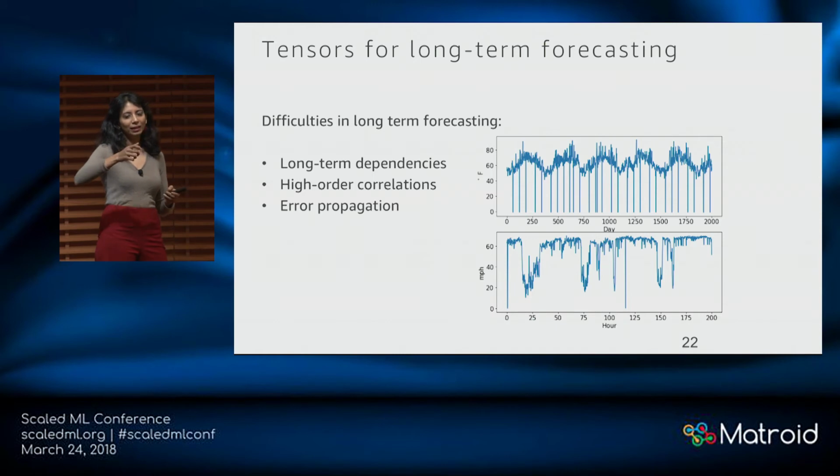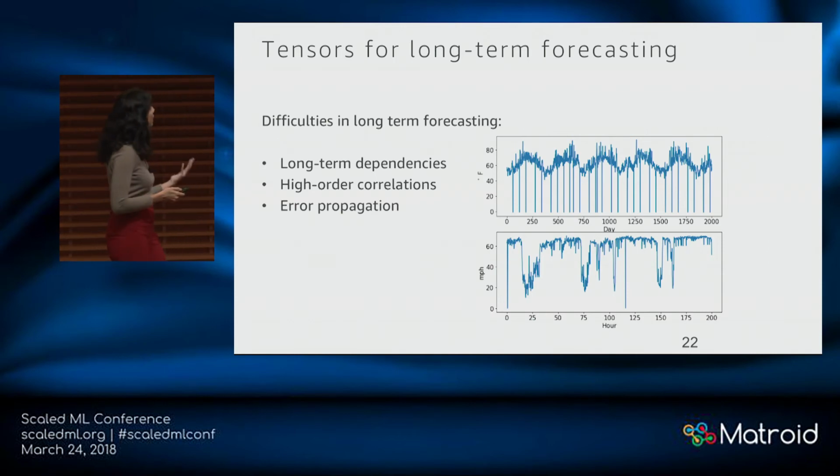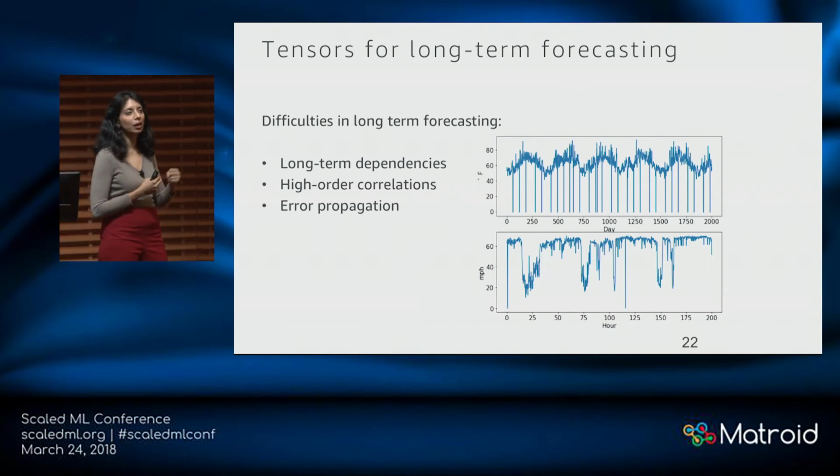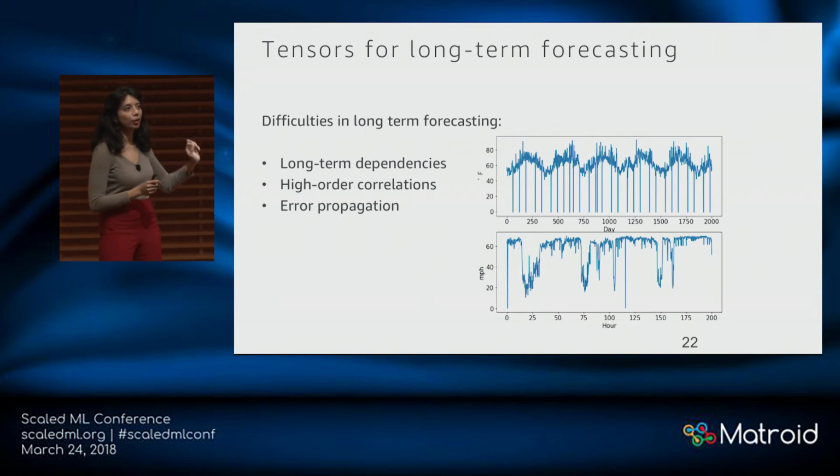So even a little bit of a change can have very different behavior onwards. So how do we model something like this? Intuitively, we know that higher order correlations will be present in such highly chaotic time series especially. So tensors, again, seem like a natural framework to incorporate higher order correlations for better forecasting.